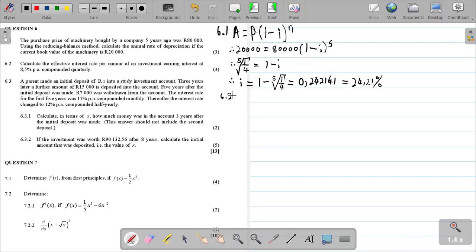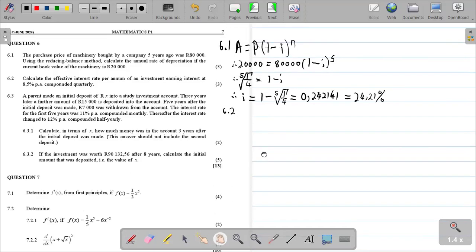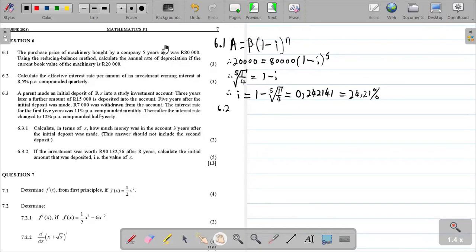Then 6.2. Calculate the effective interest rate per annum of an investment earning interest at 8.5% per annum compounded quarterly.